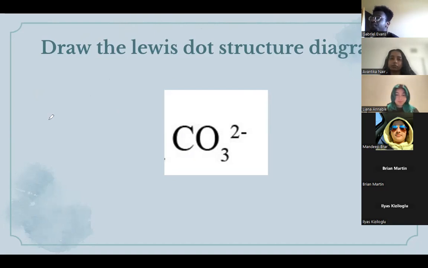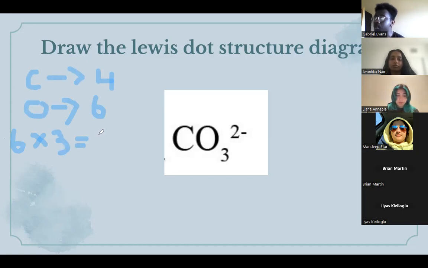Just making sure. So what I first did was I looked at how many valence electrons I had in total, so I knew how many I need to have in the end. Carbon has 4 valence electrons, and oxygen has 6. But since there's 3 oxygen, that means 6 plus 6 plus 6, there's 18 electrons.